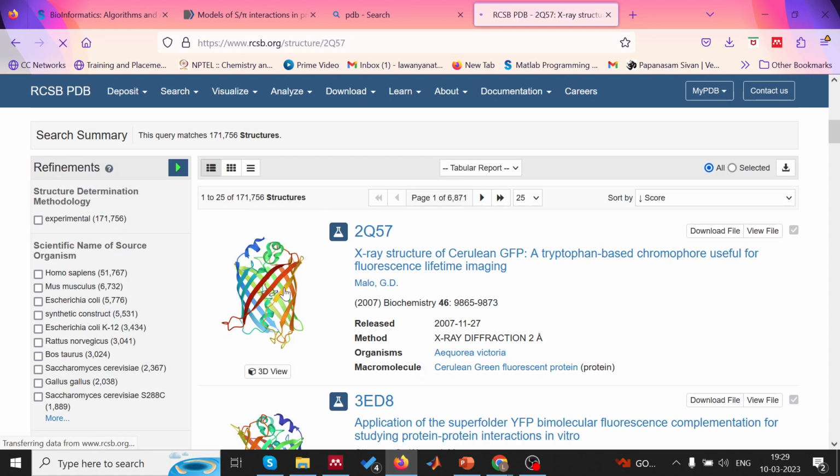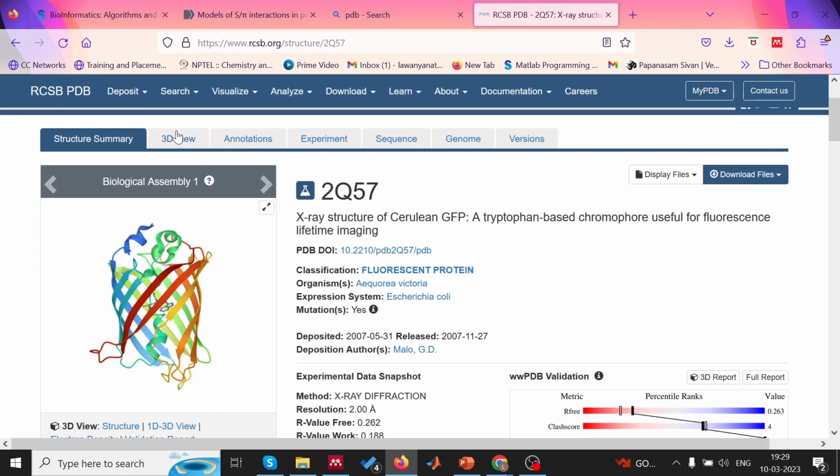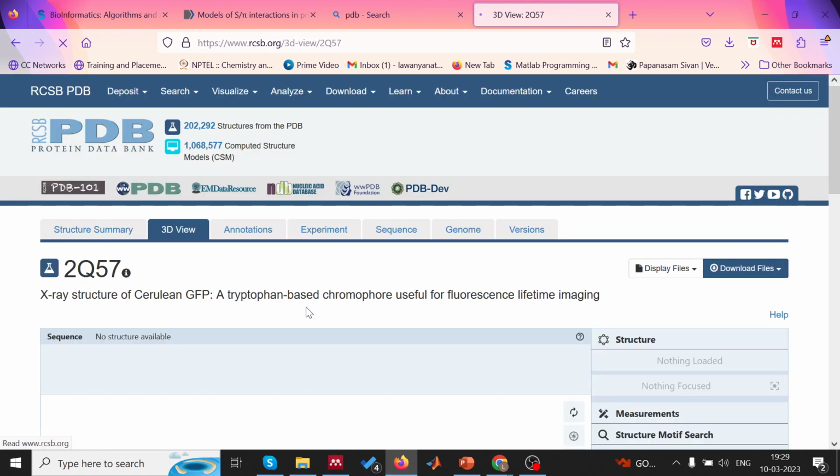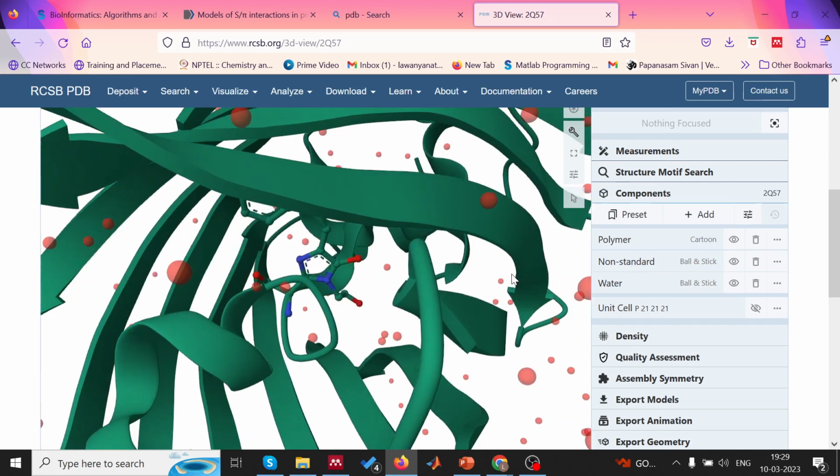So let's take a quick look at how this views 3D view. So you can see the barrel like shape here, right? Of course, in the ends, you have few helices. It's a very nice, beautiful structure.